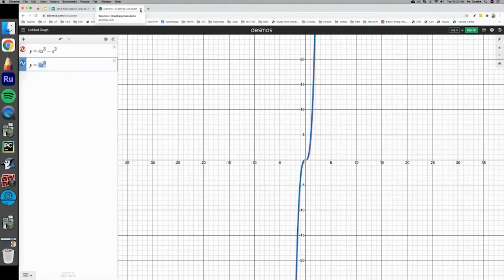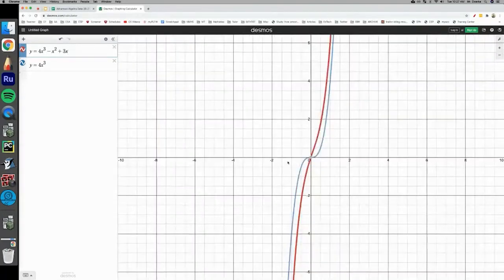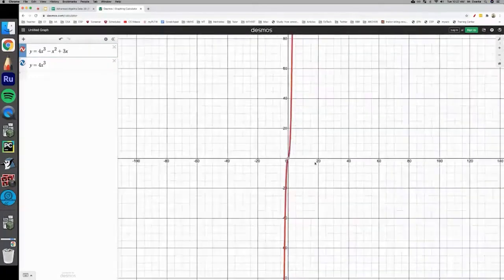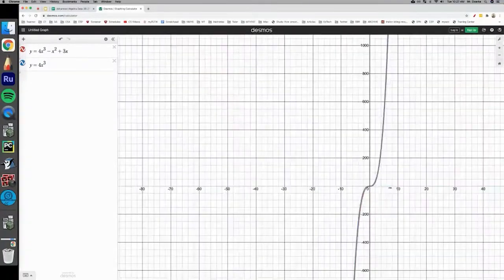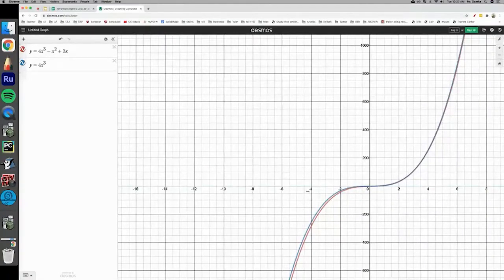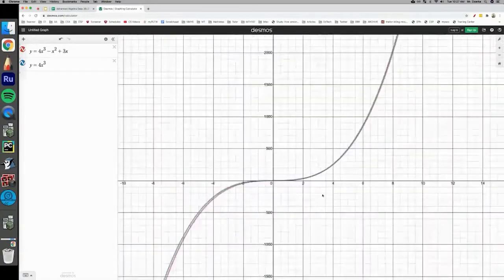The degree, the highest power, is what's the most important. I can add more stuff at the end of this, plus 3x. Again, if I zoomed in, you can see that it's different. But as soon as I start zooming out, it more or less overlaps. So again, that degree dictates what the graph looks like overall.